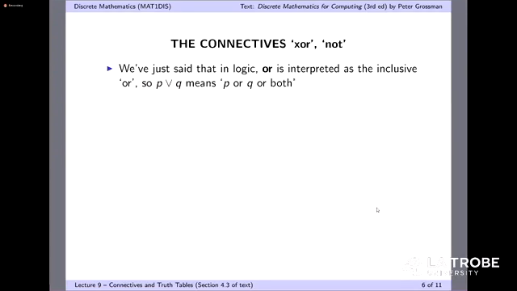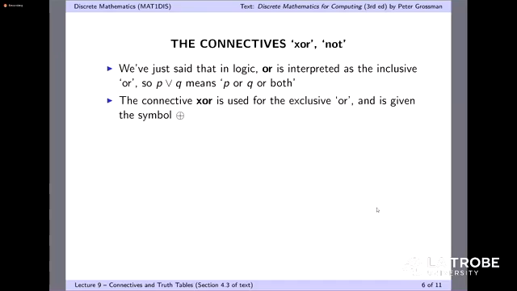So we have just said that in logic, "or" is inclusive. So P or Q means P or Q or both. However, there is another connective, XOR, which we will not be using. That gives you only exclusiveness. That is the same in probability: when you flip a coin, there's only one possibility, either it's head or tail. There's nothing between.